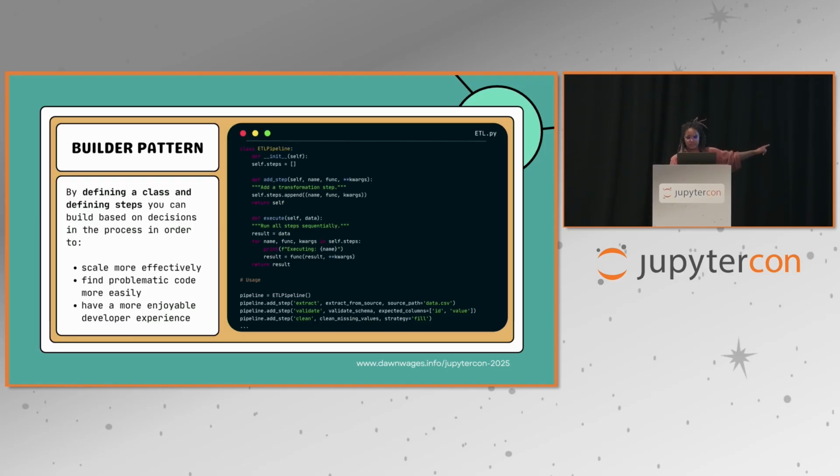You can see at the bottom, we're defining steps, and snippets like this can be helpful in guiding you towards a project that scales more effectively. You're able to identify problem code better with these patterns, and at least to me, this brings more joy to my developer experience. This is my home. I love it when I can break it up and make it real pretty.